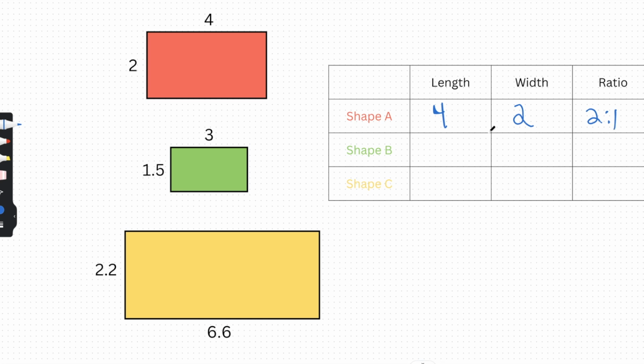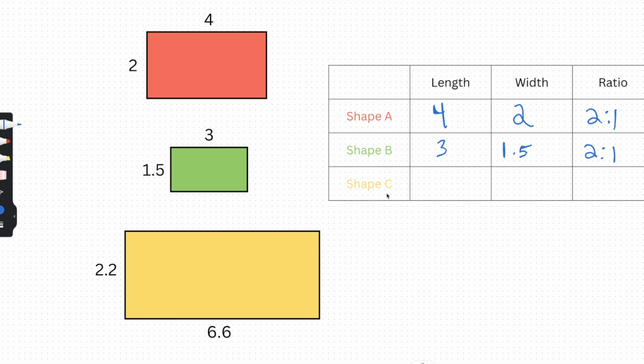So the length is twice as big as the width. For shape B, I know the length is 3 and the width is 1.5. And again, I know 3 divided by 1.5 is 2. So the ratio again is 2 to 1.